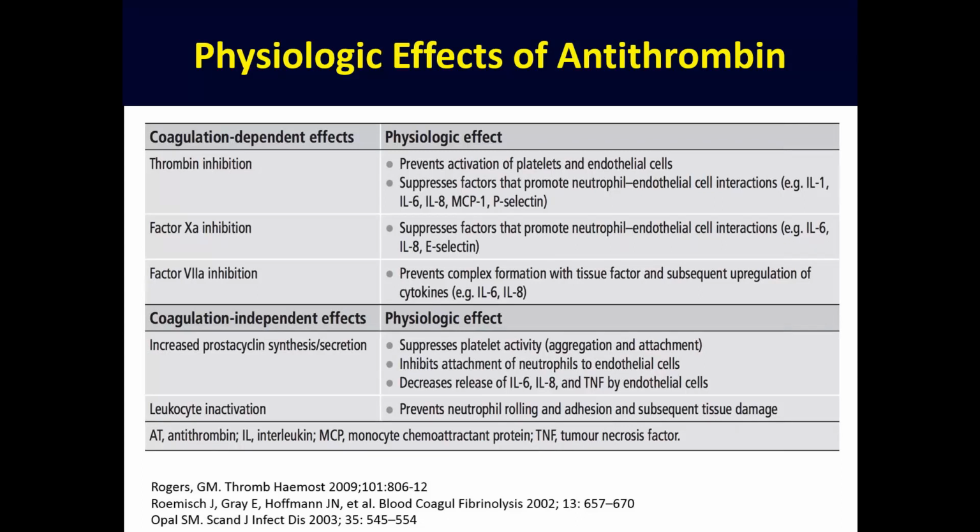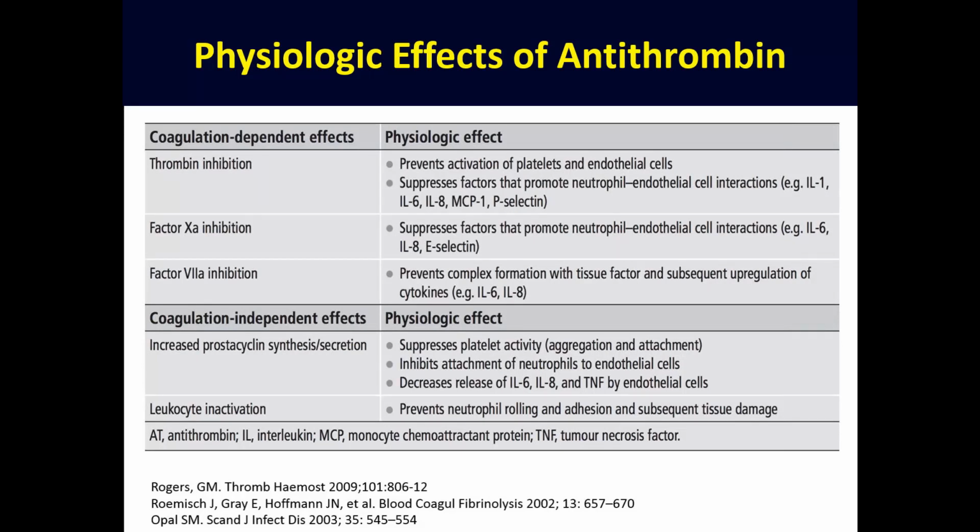For example, thrombin inhibition leads to prevention of activation of platelets and endothelial cells, and it suppresses factors that promote the neutrophil endothelial cell interactions. Inhibiting factor 10A activity suppresses the neutrophil endothelial cell interactions as well, and its inhibition of activated factor 7 prevents complex formation with tissue factor and subsequent upregulation of the pro-inflammatory cytokines.